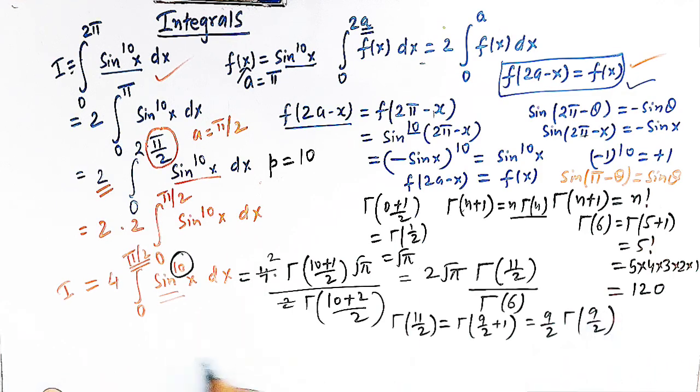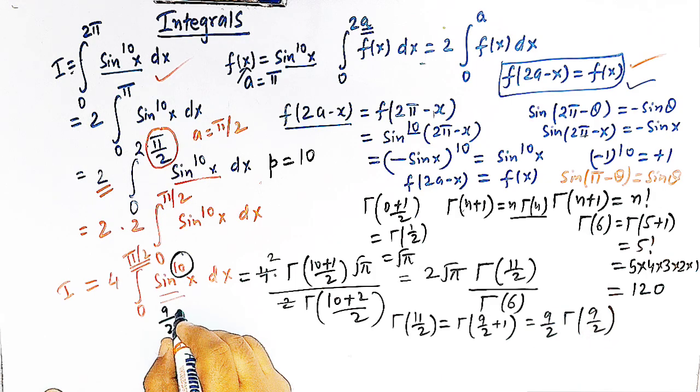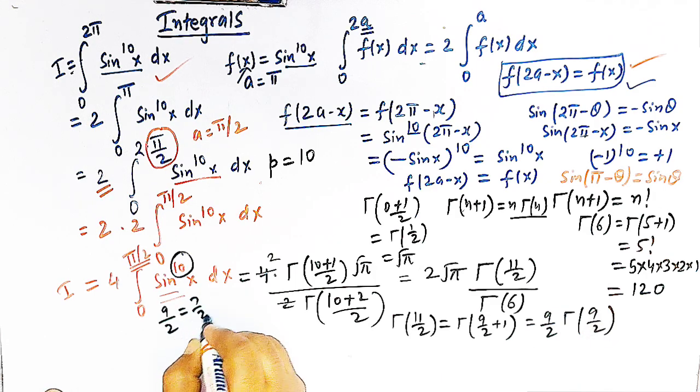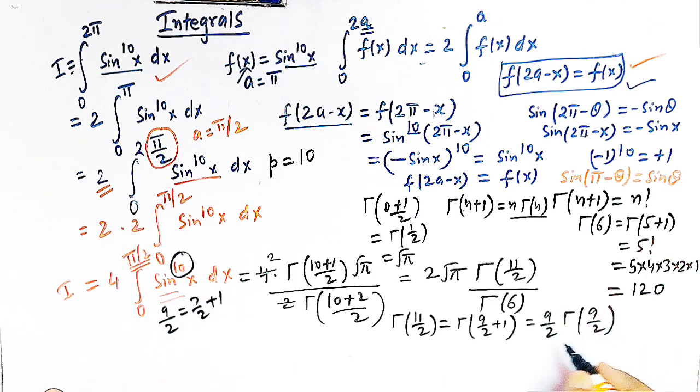Now we can again split 9 over 2 as 7 over 2 plus 1, and apply this result again, so we have 9 over 2, 7 over 2 and gamma 7 over 2.